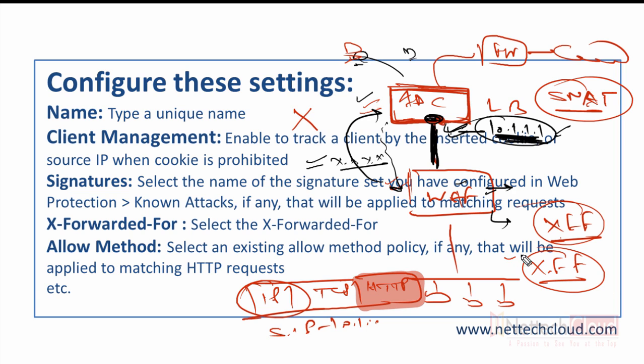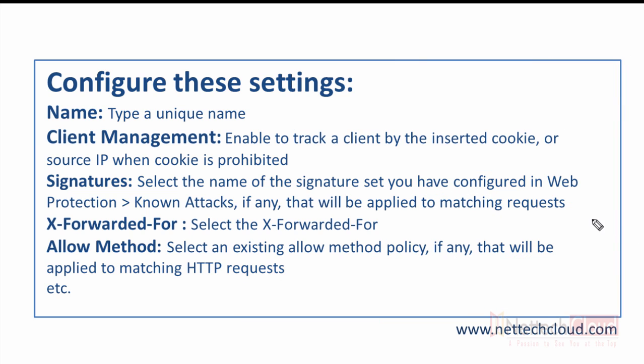If you have seen my LTM training videos, there I practically demonstrated this once, I believe, wherein we opened the HTTP header with Wireshark and verified how XFF is inserted inside the HTTP header. So in XFF, the actual public client IP address is encoded. That's one of the use cases wherein we use the X-Forwarded-For option.